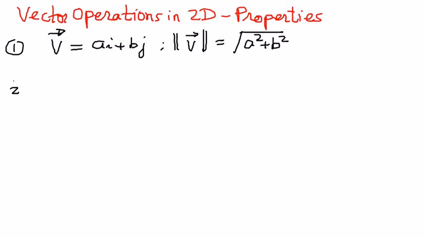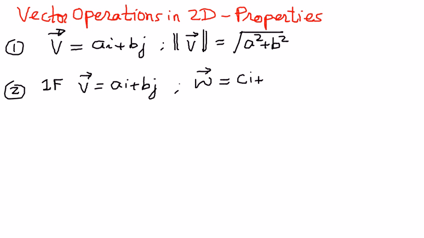The second property is telling us if V is a vector, AI plus BJ, and if we have another vector W which has CI plus DJ, then the following properties are true.